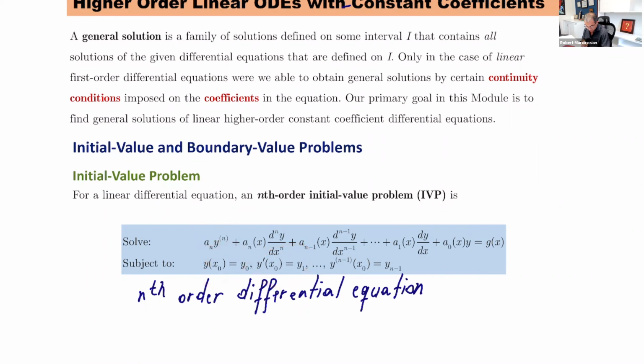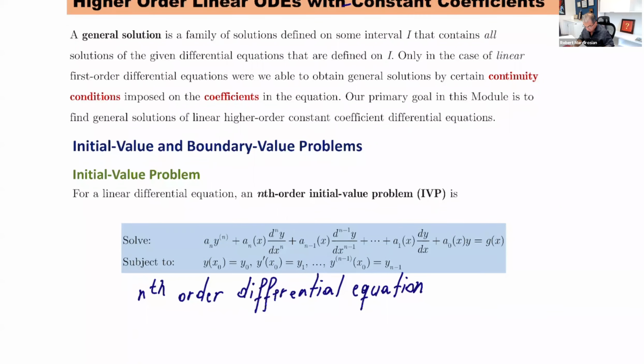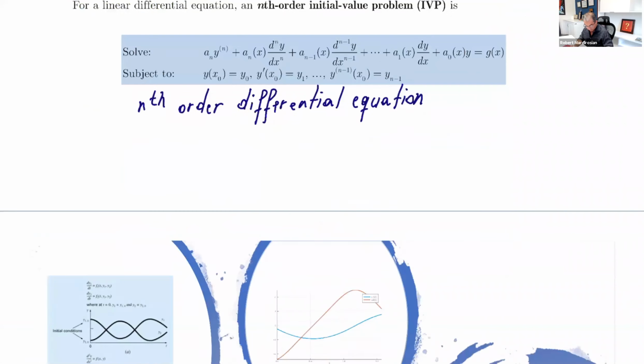Y of a constant is another constant, y0. Y prime of that same constant is y1, and so on, and it goes up to y to the power of n minus 1 equals yn minus 1.